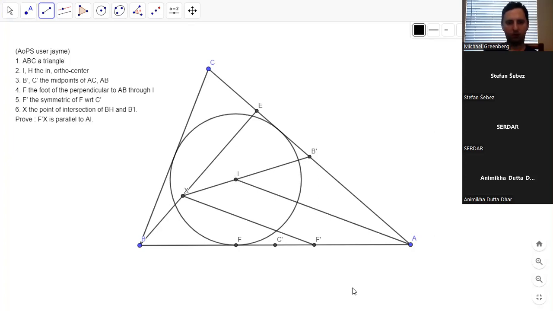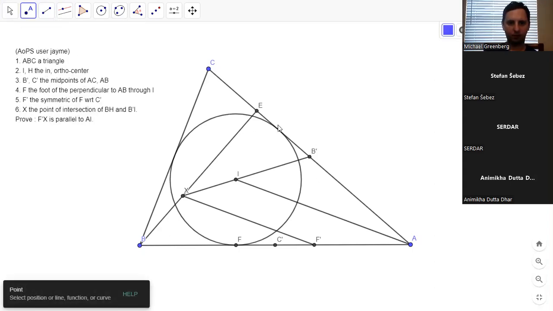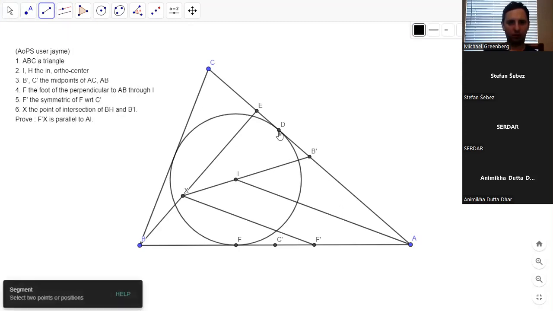Can you name the tangency point of AC and the in-circle? Yes. Also, can you intersect DI with the in-circle and reflect D across B prime?